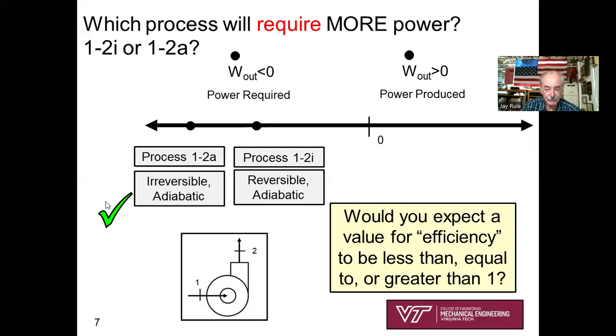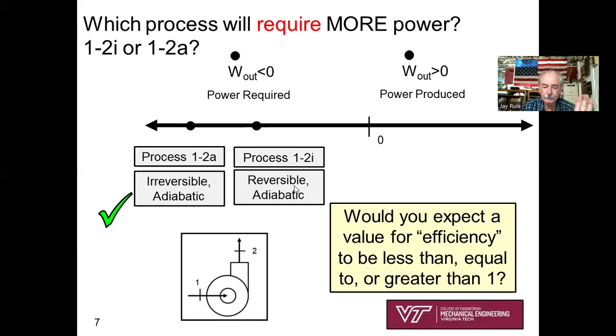I think the check means that we've applied Common Sense 101 to see that this dot right here corresponds to the reversible adiabatic situation. It's a negative number, but the actual process is more negative. So this is a way to think about W dot being a positive number for things like a turbine, and W dot being a negative number for things like a pump or a compressor.